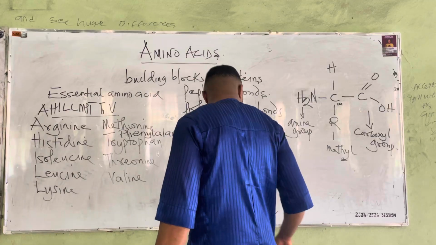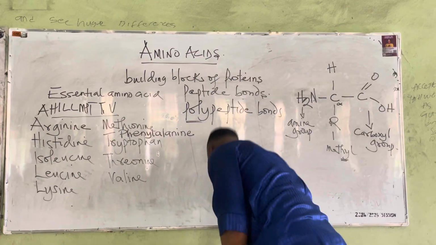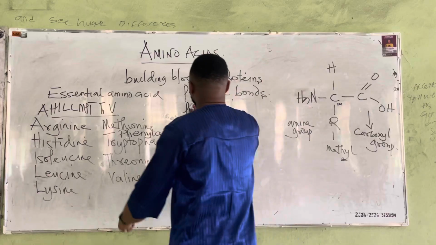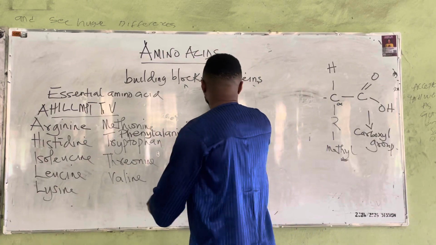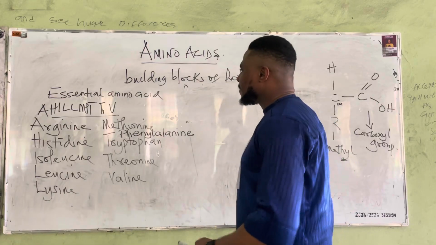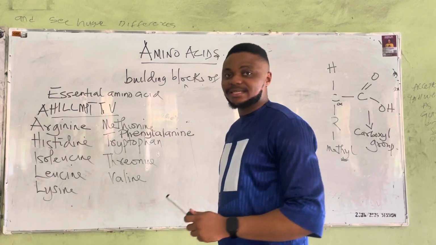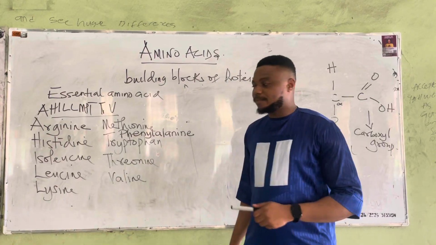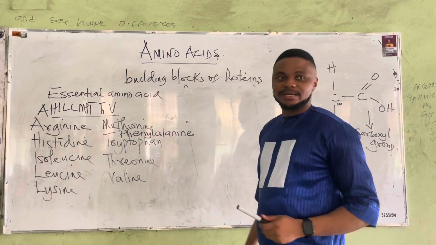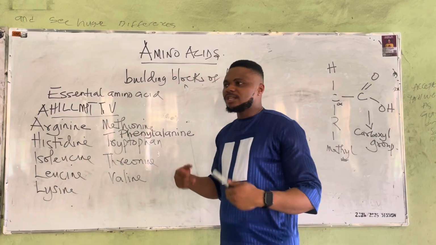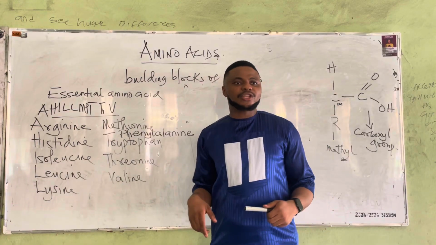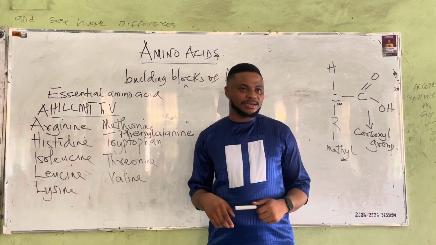Then for the non-essential amino acids, I'm also going to give you a way of remembering them, an acronym. Remember that the non-essential amino acids can be synthesized by the body, but they are not actually needed by the body.